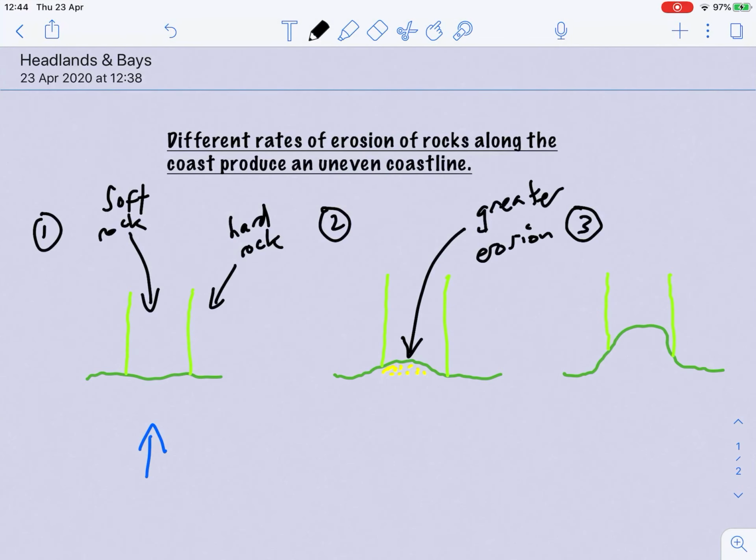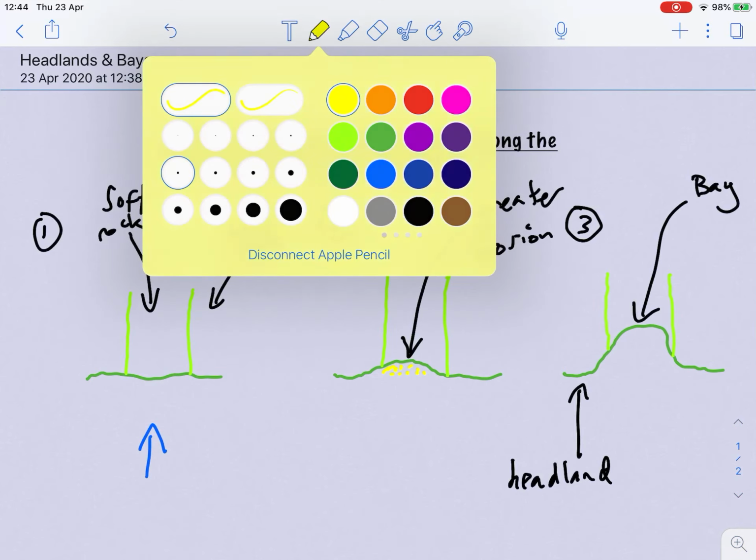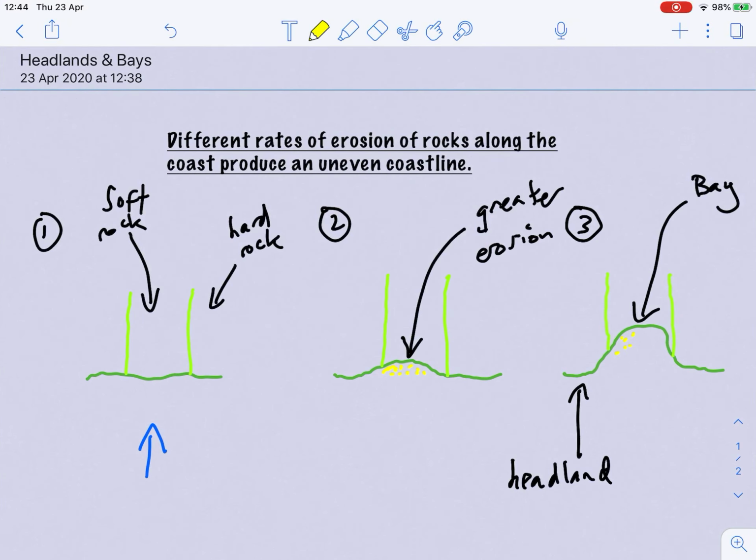And we can then see quite clearly the formation of headland here, and in the middle section the bay. We also have deposition, a great deal of deposition within the bay that forms our beach.